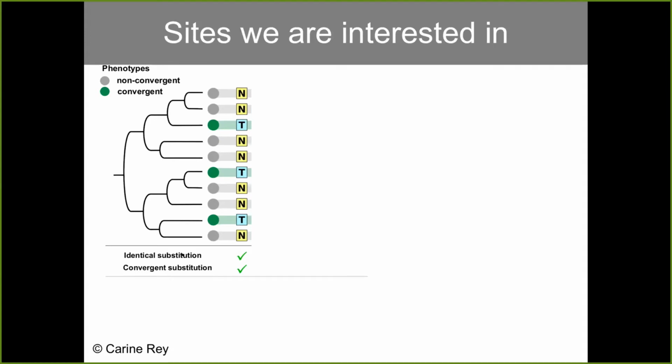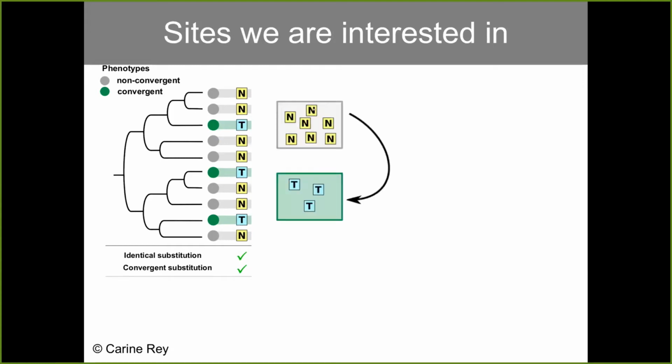So we're going to say it's a case of identical substitutions, and also a spectacular case of convergent substitution. In terms of frequency of amino acids, that means that for species with the non-convergent phenotype, it's all N's, and for species with the convergent phenotype, it's all T's. So it would seem to be pretty easy to identify this type of site.